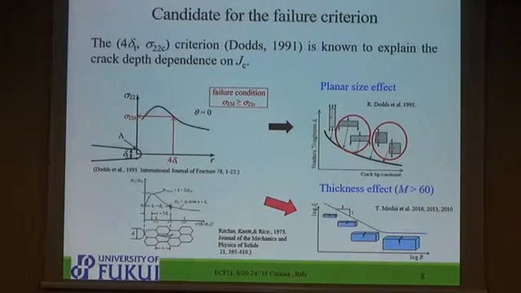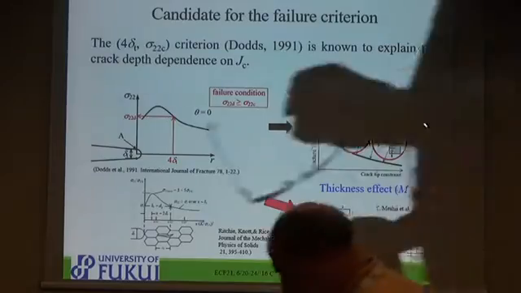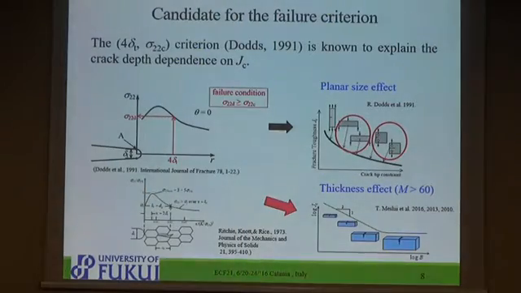This criterion was validated as explaining the crack depth dependence on JC by Dodds et al., and the test specimen thickness effect on JC, on the condition that the value of M is larger than 60, by us.